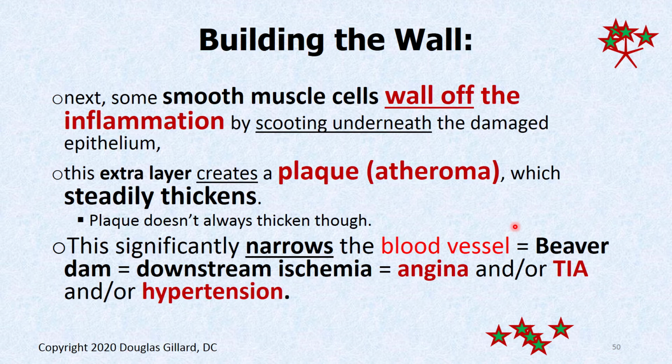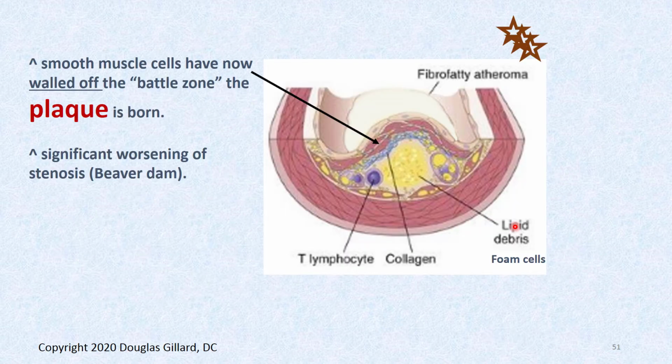And when it's visibly decreasing the size of the lumen, that part that sticks into the lumen is called a plaque or an atheroma. Okay, the plaque is made up of mainly foam cells and overstuffed smooth muscle cells. But that's going to cause a beaver dam and all the sequelae we talked about with a beaver dam: upstream hypertension, downstream hypotension, and downstream ischemia. If that's happening in your brain or heart, that's not a good thing, right?